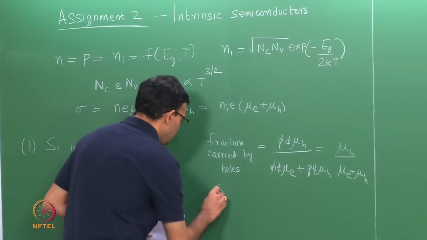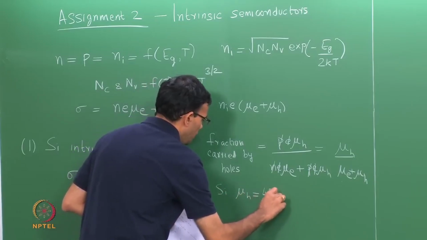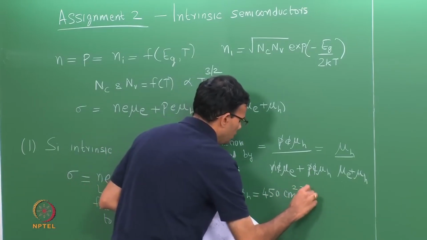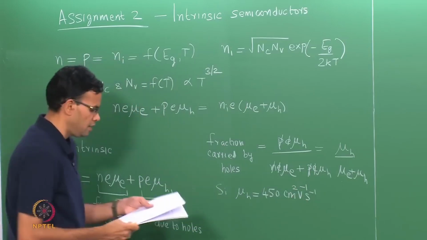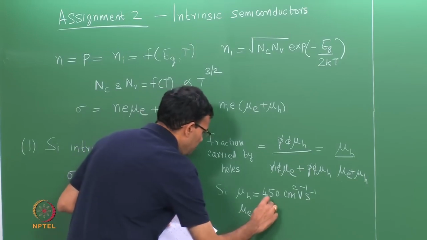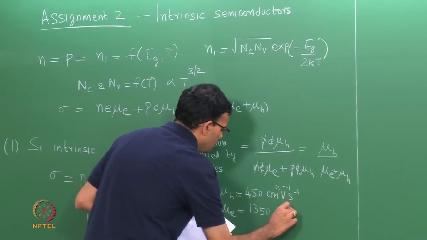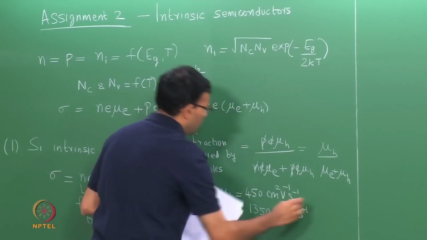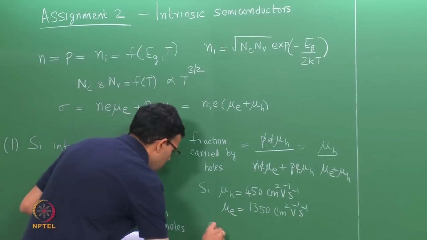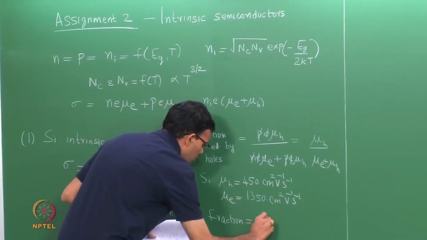So, for silicon mu h is 450 centimeter square per volt per second, mu E is 1350. So, the mobility of the electrons is higher. So, we can plug in these numbers and the fraction is 0.25.